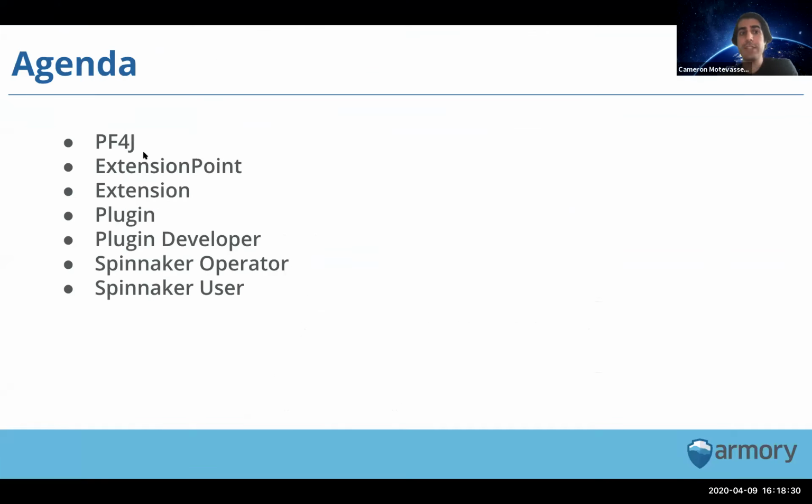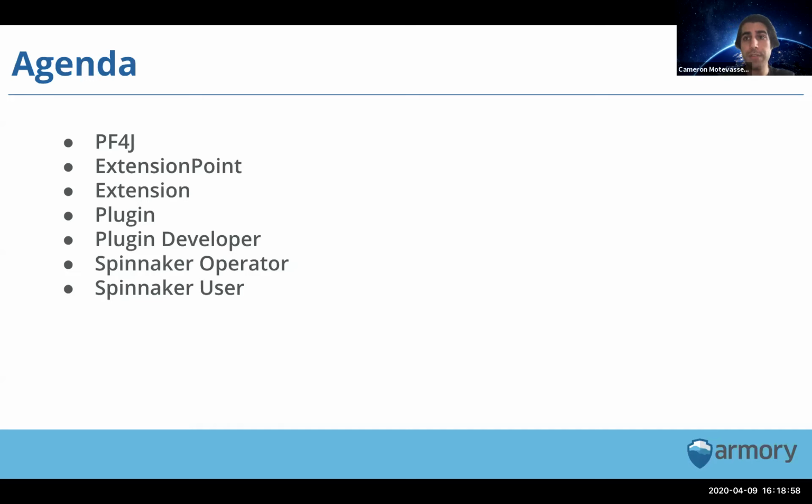PF4J has this concept of an extension point within its framework. An extension point is basically an interface that a class, or another interface rather, will extend and add some stuff on top of. We're going to see what this looks like in practice, but that is going to be a major topic of today: extension points.